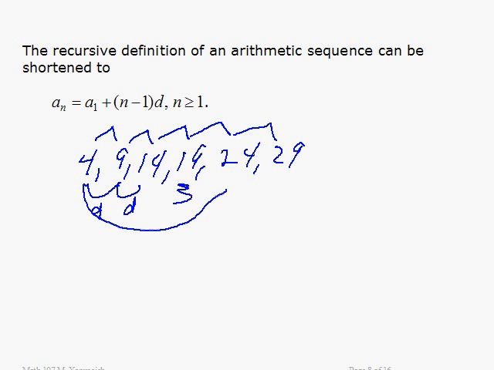To get out to 24, you don't have to leapfrog your way all the way up. You can start at the first one and just add 4 of these common differences, in this case 5, to get to the 5th term. And that's how you can wrap that recursive definition for an arithmetic sequence into one line.